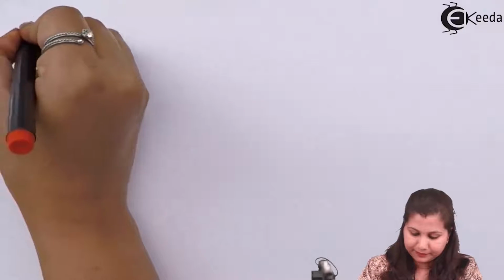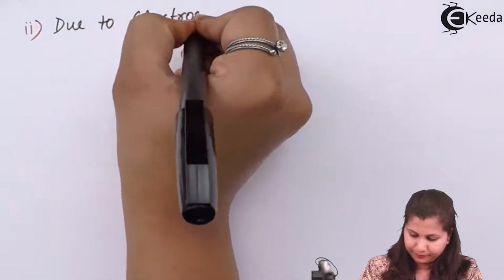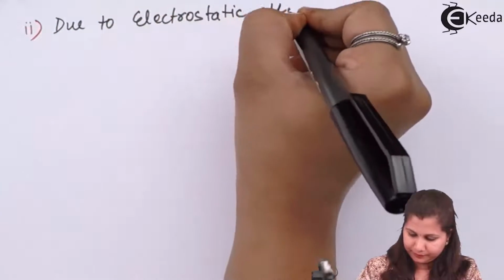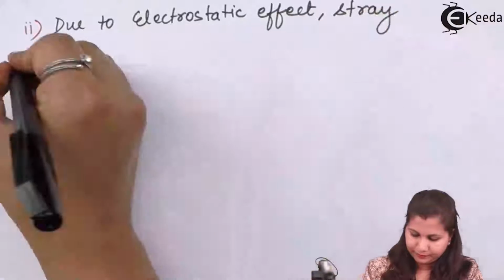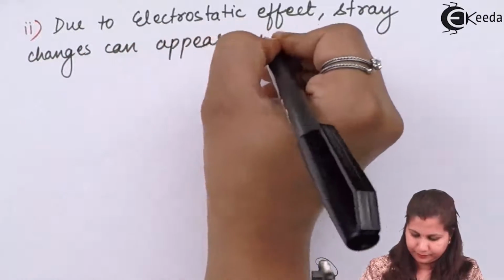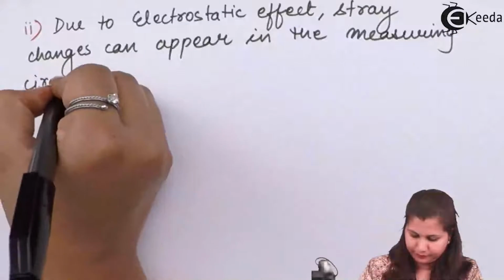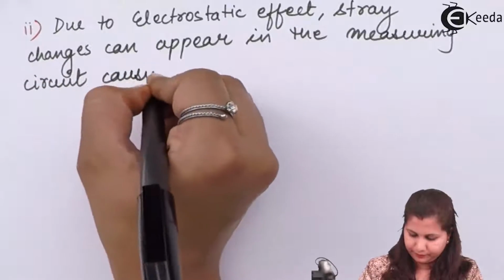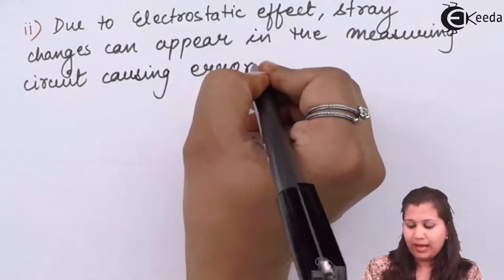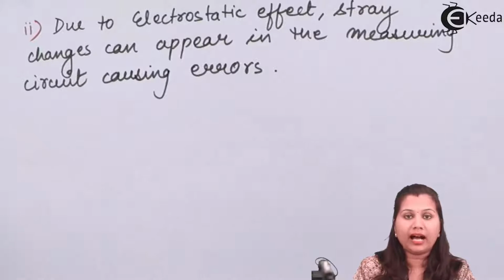Now, the second difficulty is that the value of the resistance which we are measuring is very high.